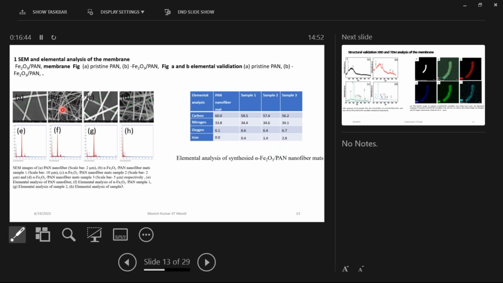In B, at some concentration, it's giving bead formation with the iron. And in C, it's the optimized concentration, 3% alpha-Fe2O3, showing very good fine nanofibers. If you increase further, the diameter of the nanofibers also increases.